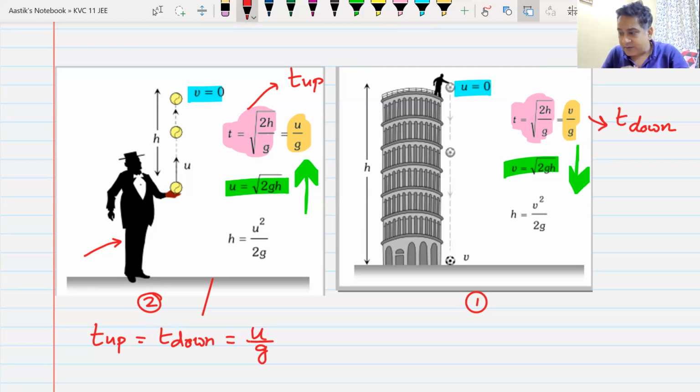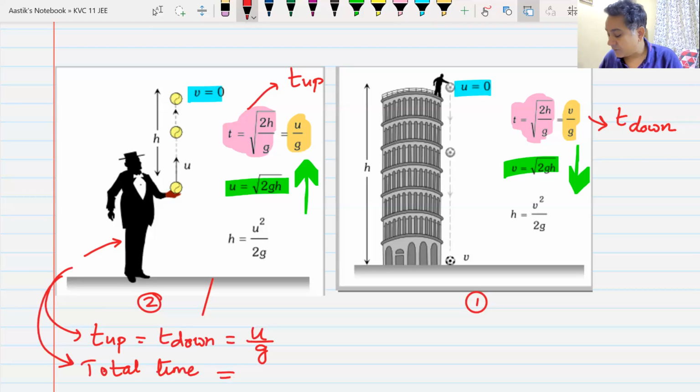That is known as time of flight, the time it is in air. What is the total time this gentleman remains in air? That will be equal to time taken to go up plus time taken to come down, 2u by g.